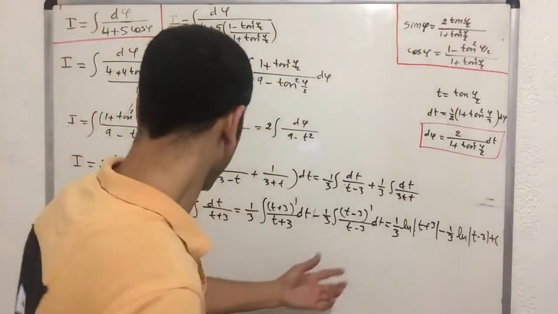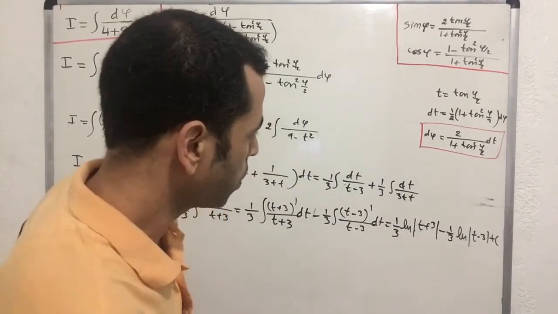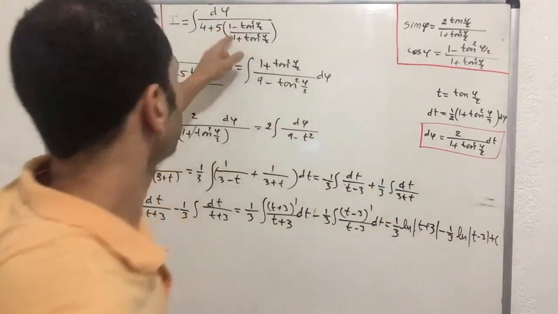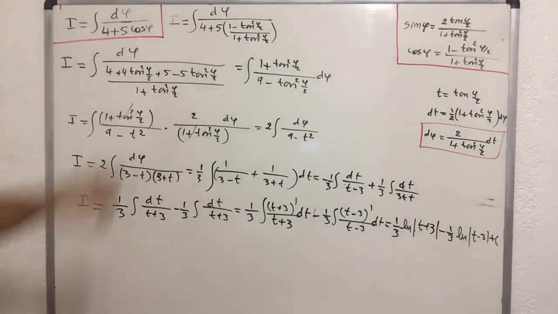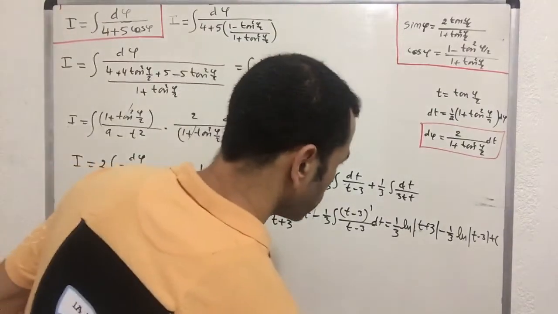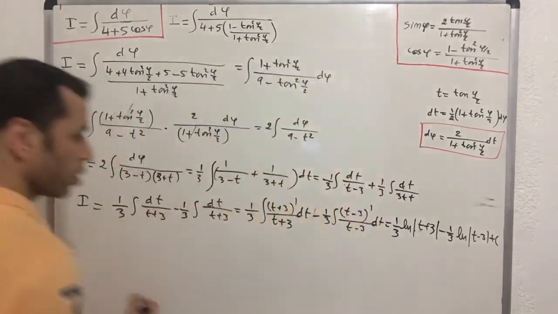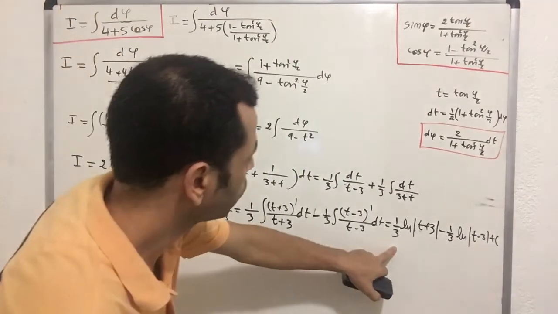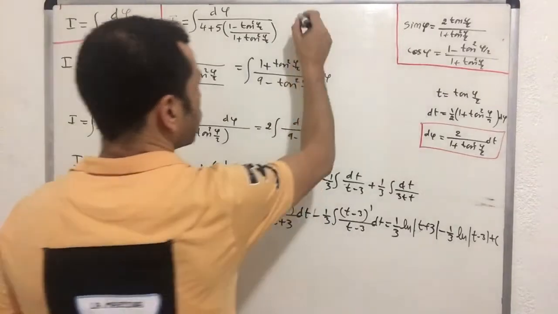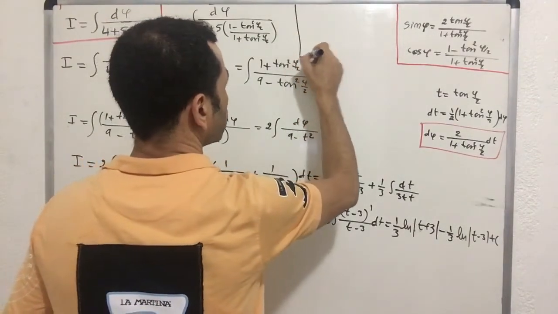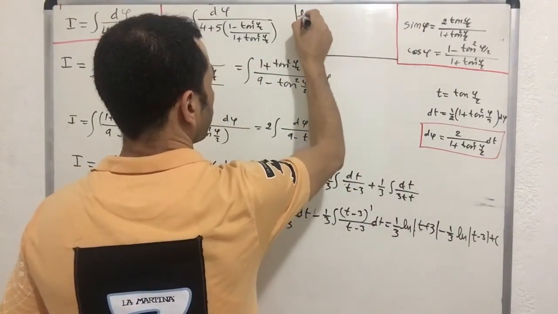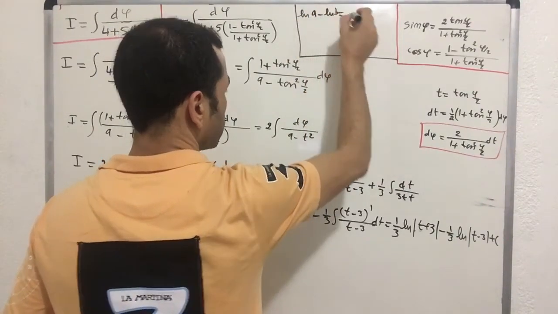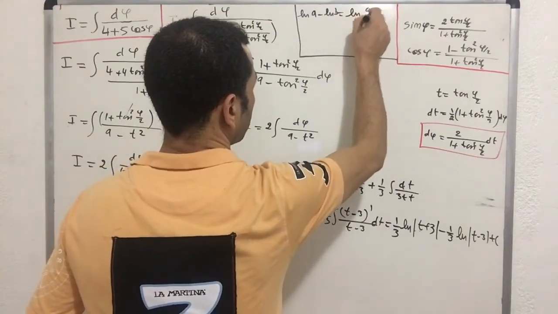So our new integral becomes this one, but we have to switch it back to phi, because our original function was in phi, not t, right? Also, we know natural log of a minus natural log of b equals natural log of a over b.